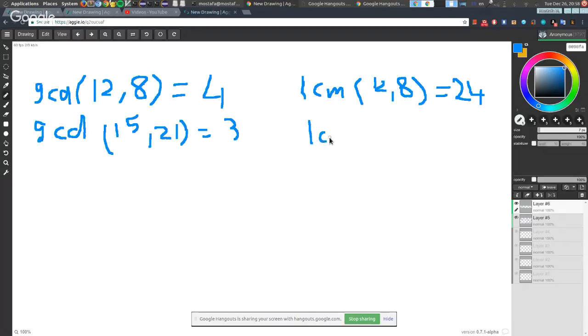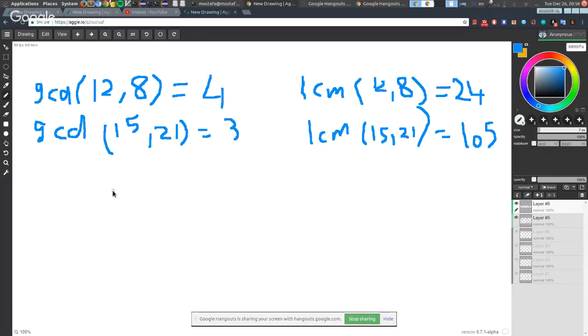I can also get the LCM of that, which is I think 105.